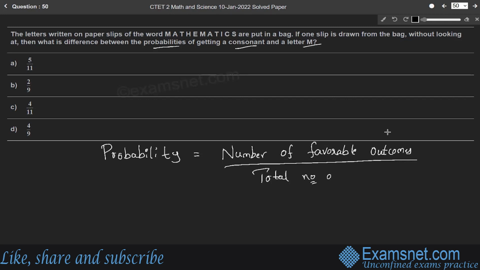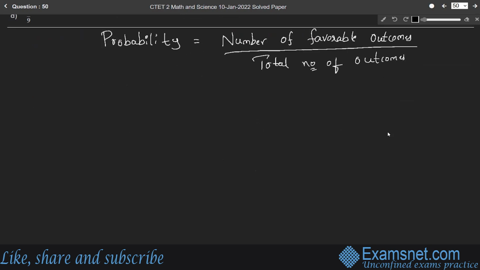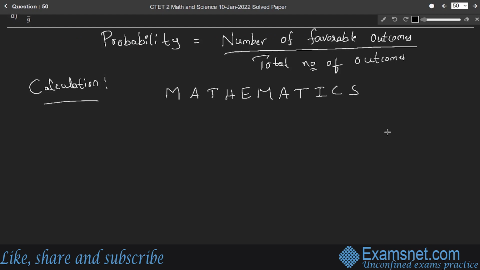Calculation. So, let us write the word mathematics. M-A-T-H-E-M-A-T-I-C-S. Mathematics.